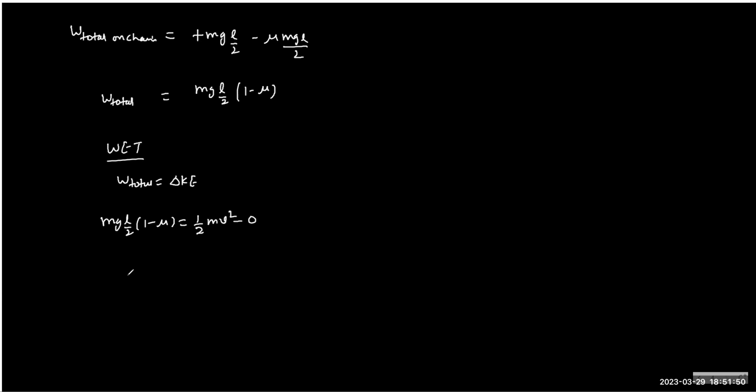And therefore, you can see a direct relation that mg, so v² turns out to be 2, this 2 gets cancelled. So what we are left with is gL. So v is.